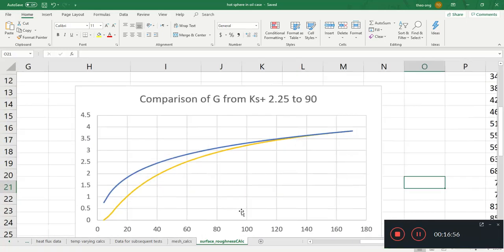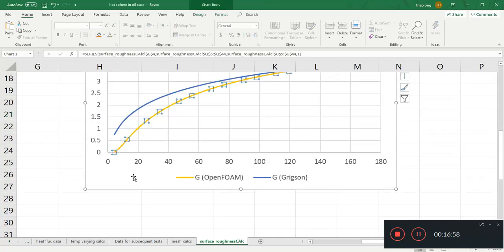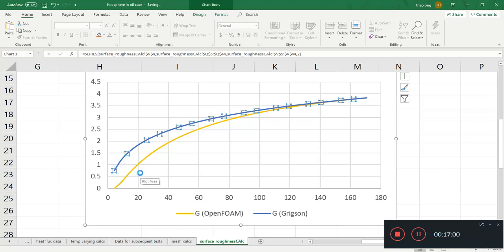Now I want to talk about this factor here, towards the beginning. You look at this, there's an offset between the Grigson G and the OpenFOAM G. So why does the OpenFOAM G have this offset? Remember that at Ks plus equals 2.25, the OpenFOAM G is exactly 0, because anything below this value we consider the wall smooth.